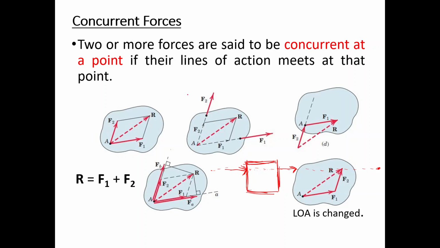This is just a review of your physics, that there are concurrent and non-concurrent forces. So F1 and F2 are non-concurrent, while in the example I drew, they are concurrent because their lines of action are the same and they meet at a certain point.